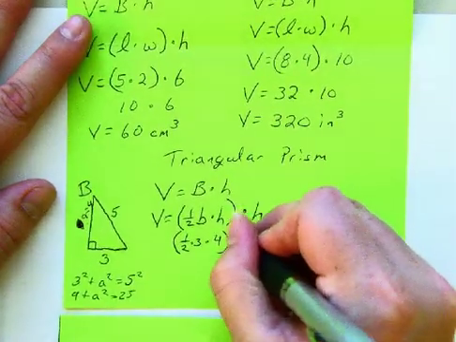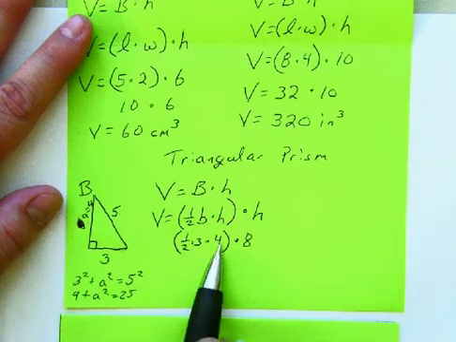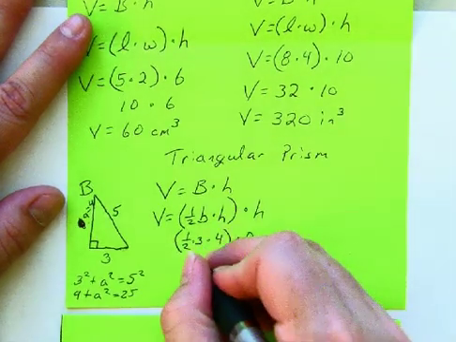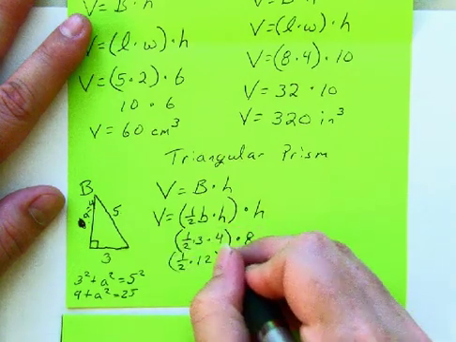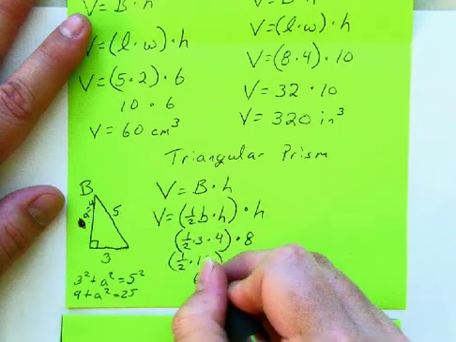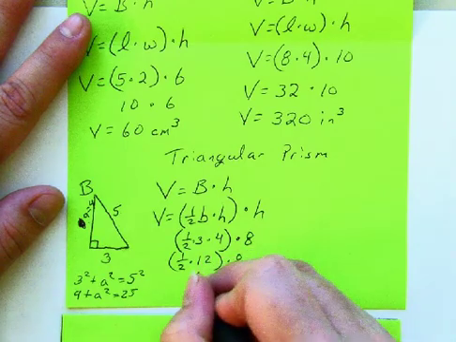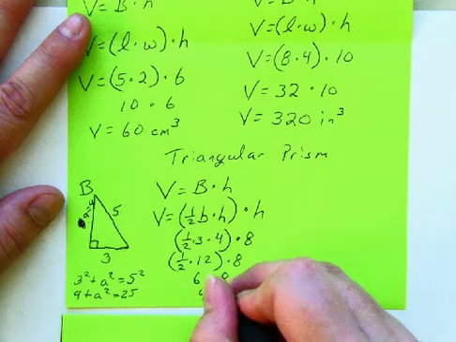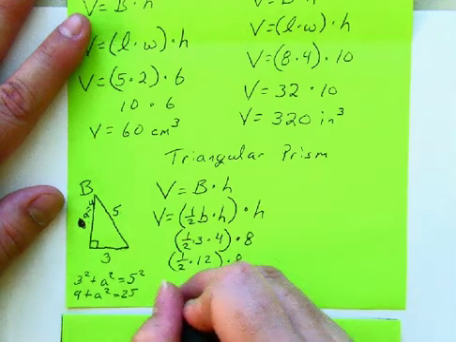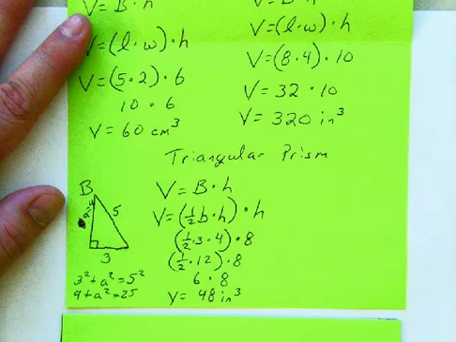So we're going to mark that as 8. So now we're going to take 3 times 4, which is 12, 1/2 of 12, which is 6, and 6 times 8 is 48. So now we have 48 inches cubed. Volume equals 48 inches cubed.